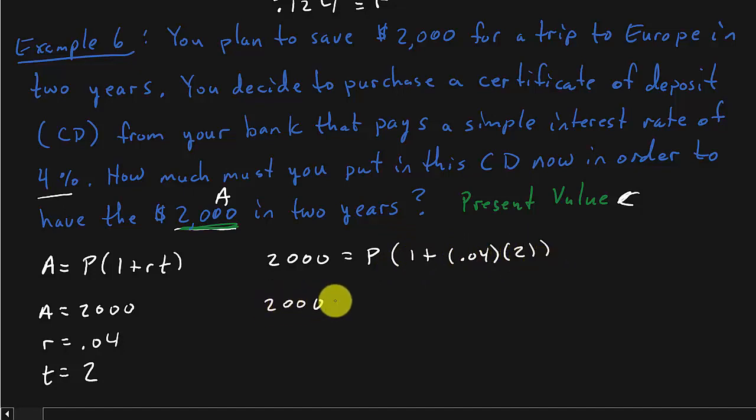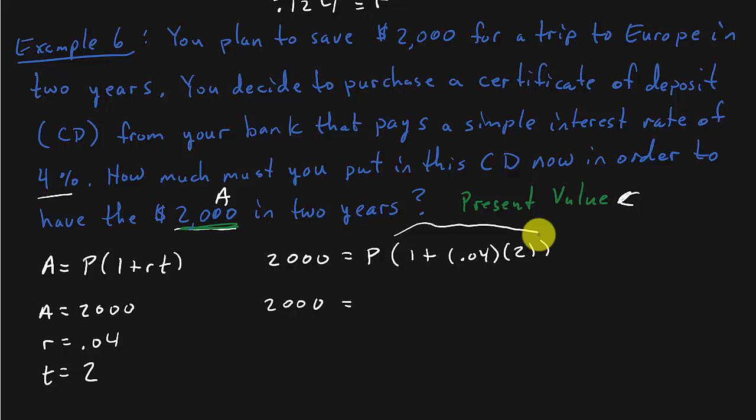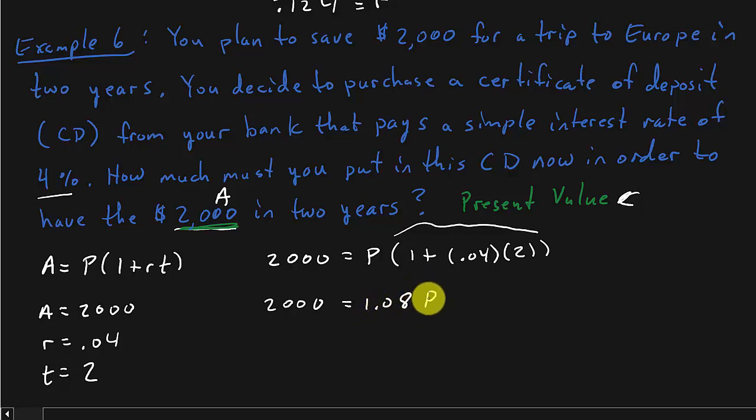And so this is 2,000 equals, and then let's just go ahead and punch all that into our calculator. 1 plus 0.04 times 2 is 1.08, so that's 1.08 times P. And so then we can divide both sides by 1.08.